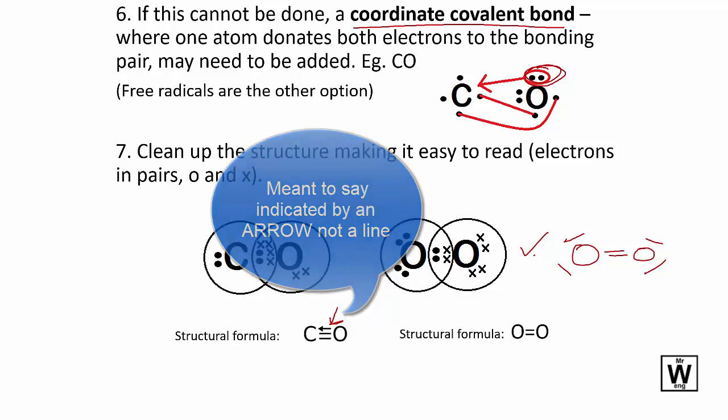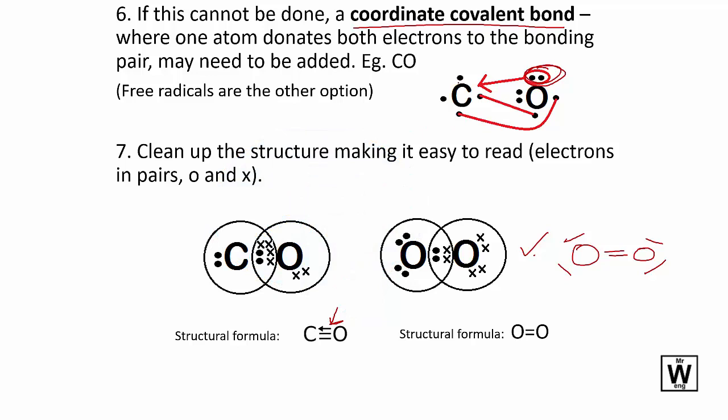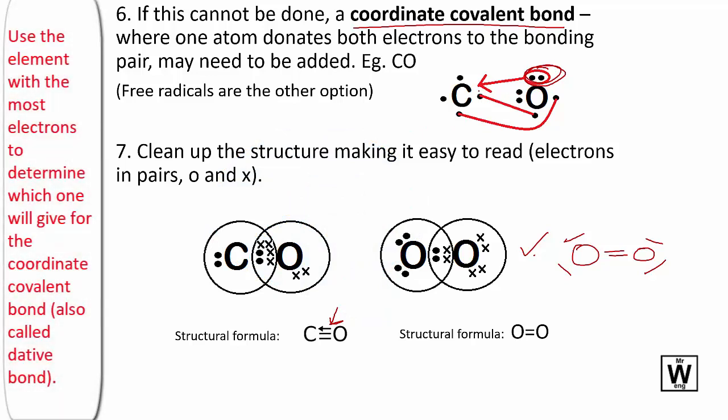In this particular sense, it didn't make sense doing the third one, but it does make sense if we say that these two are a coordinate covalent bond, and there we have it drawn out in the classical way. That may be the structural formula, but that's not the Lewis structure. So the Lewis structure for that would be a lone pair here and a lone pair there. So there's 2 different types of Lewis structures.